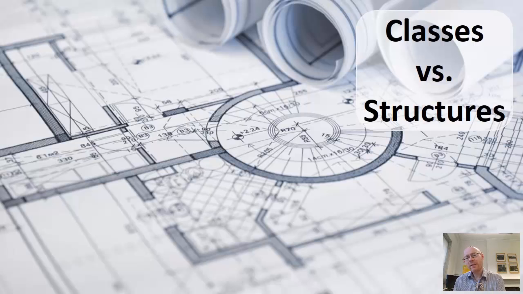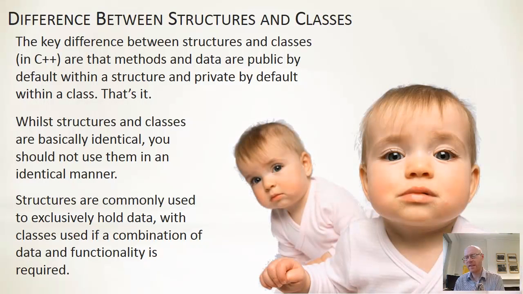Within C++, in terms of the rules of the language, there's very little difference between structures and classes. The only main thing of significance is that within a structure, the methods and the data that you define are public by default.